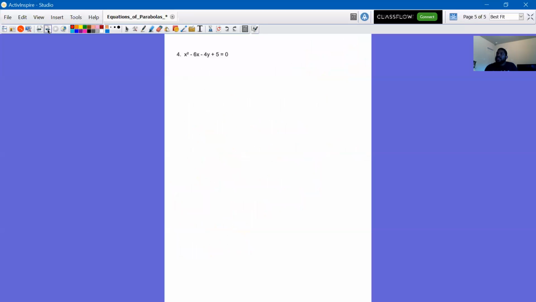So here's our last example. So here our x squared term is present. So we'll group our x terms together. And then we'll move our y term and constant to the other side. And then we're going to complete the square.